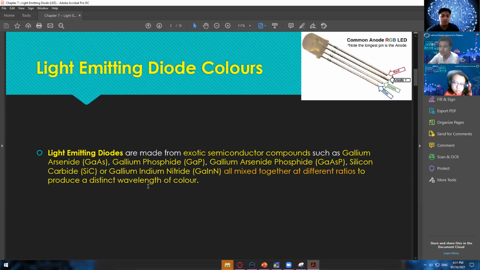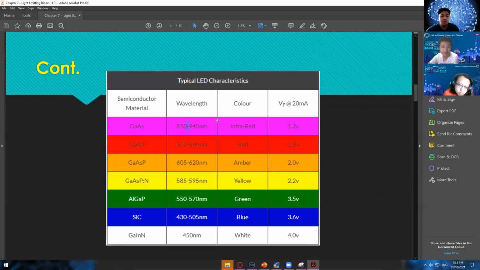Okay, so here are the wavelengths that you guys need to consider. We have here gallium arsenide with a wavelength of 850 to 940 nanometers. This one can produce an infrared color, and it only requires 1.2 volts.